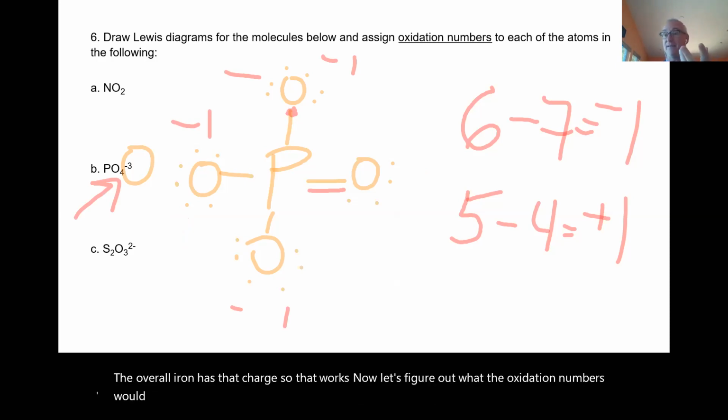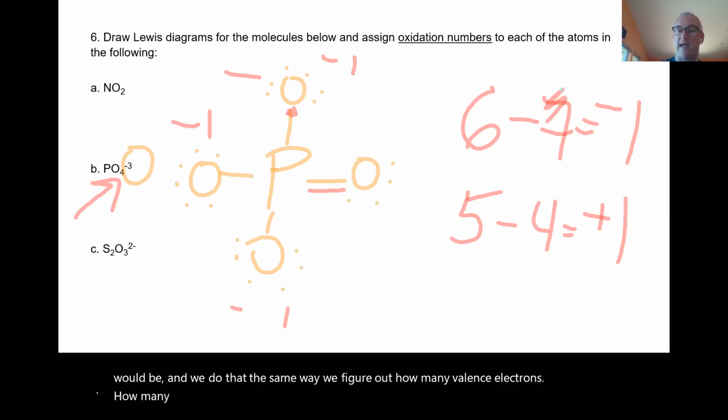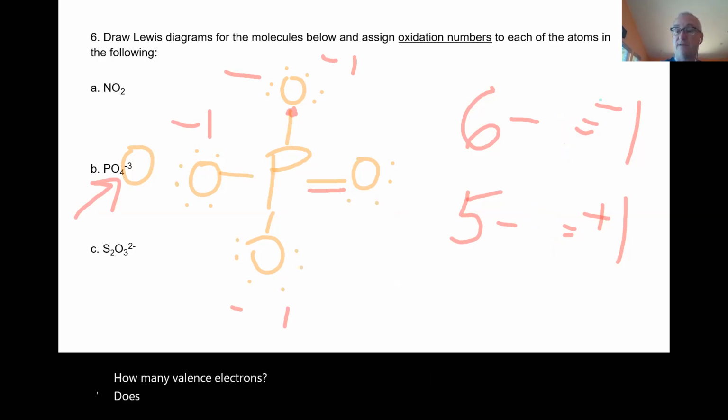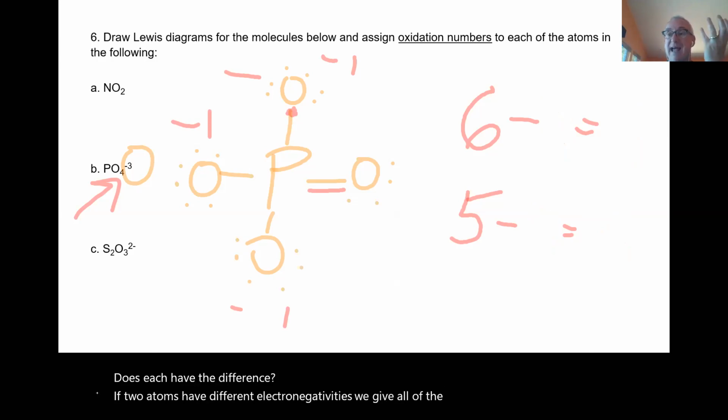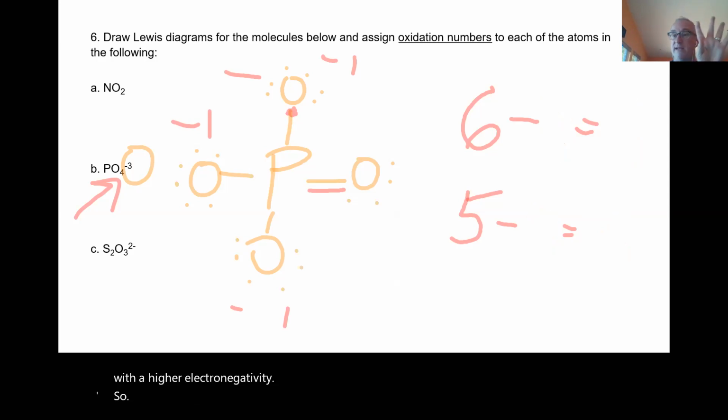And we do that the same way. We figure out how many valence electrons each has. The difference is if 2 atoms have different electronegativities, we give all of the shared electrons to the atom with the higher electronegativity. So there's 3 oxygens that have 6 electrons each, right?